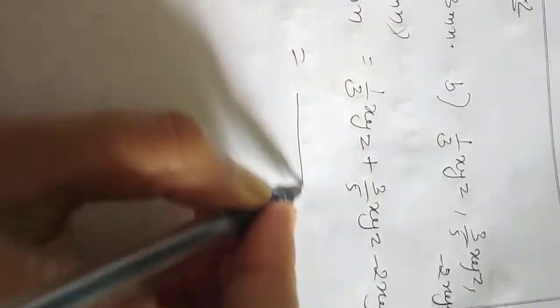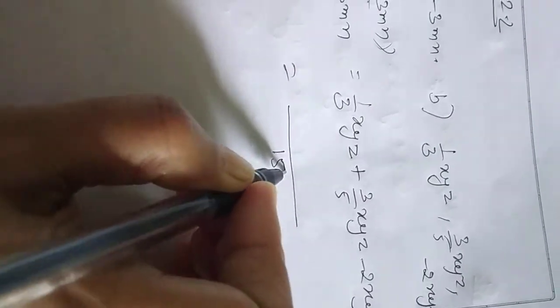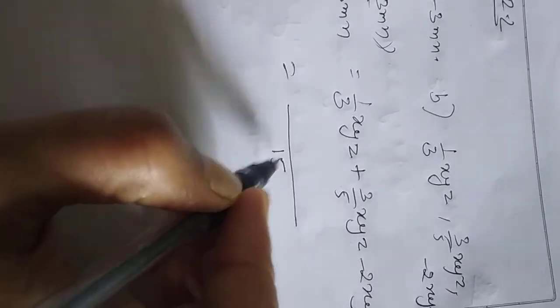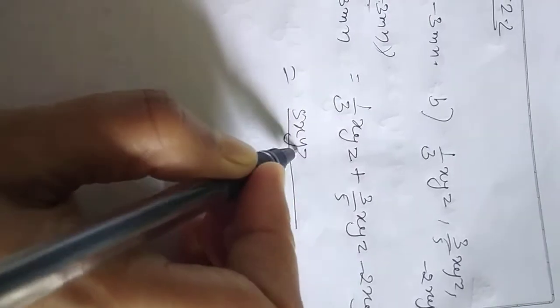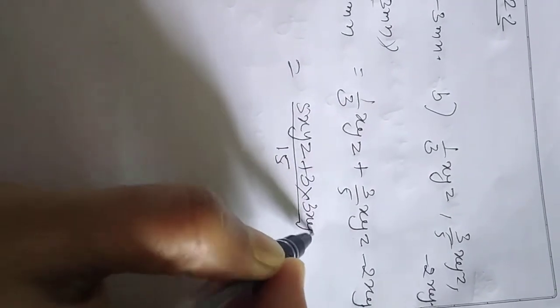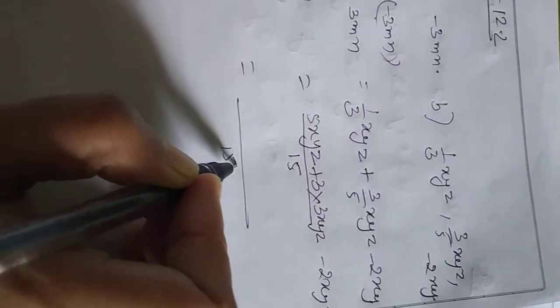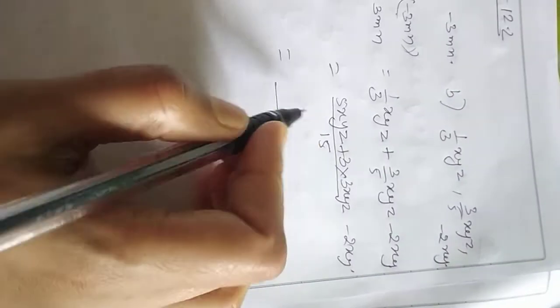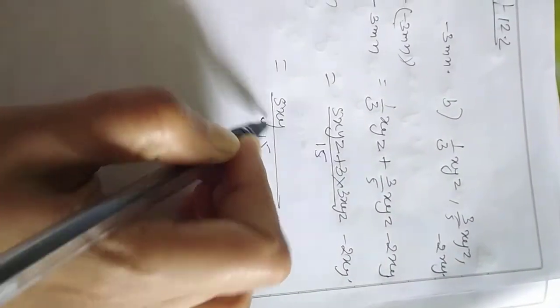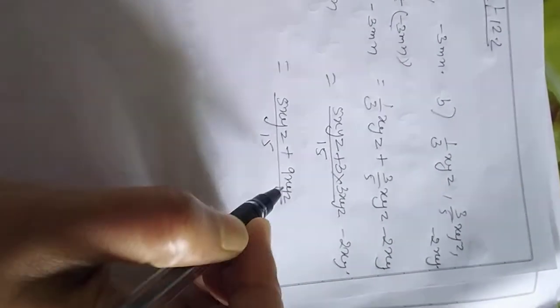Now take the LCM of these 2. 5 and 3, we will get the LCM 15. Now 3 5s are 15, so we will get here 5 xyz plus, 5 3s are 15, so 3 xyz, minus 2 xy, you will write like this. Now 15, 5 xyz plus 3 3s are 9 xyz.